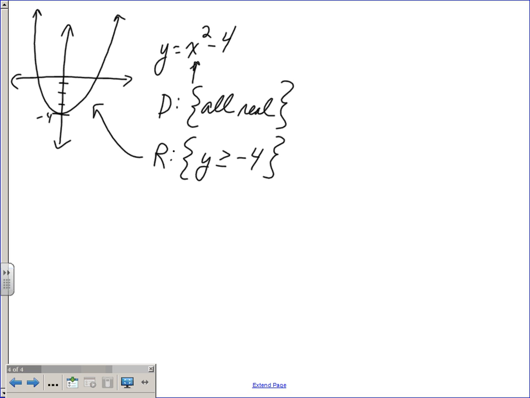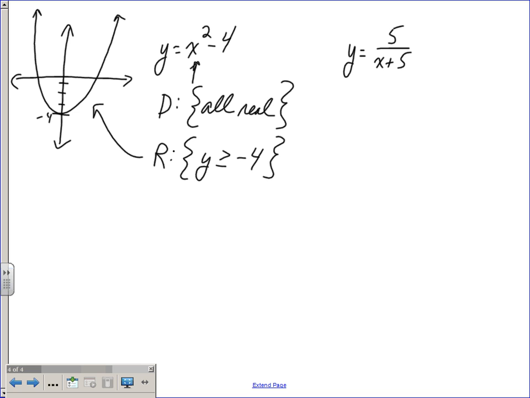Let's take an equation that looks like y equals, I don't know, 5 over x plus 5. I don't know what that looks like. But is there anything I cannot use?